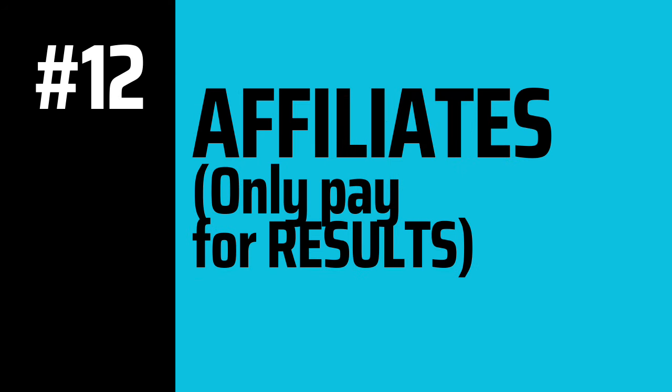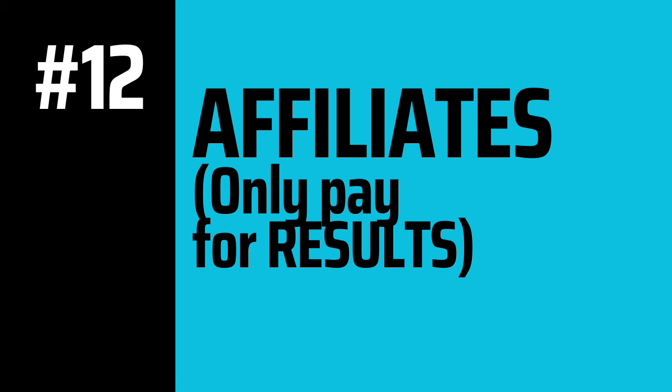Number 12 is affiliates. Leverage the power of affiliate marketing, which gives the opportunity to other online publishers to promote your course and earn a commission when they make a sale. You can reach out to and partner with other bloggers, influencers, entrepreneurs who will promote your course to their people. In exchange, they receive a percentage of each sale they send to your course.